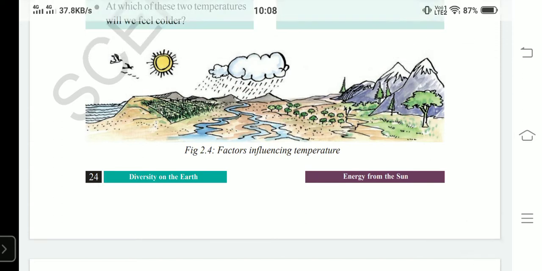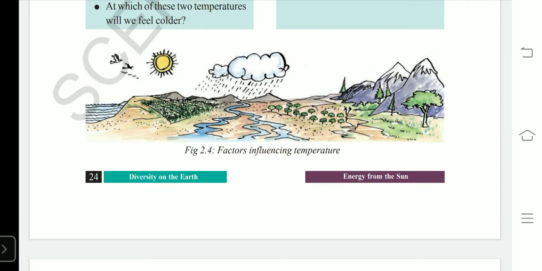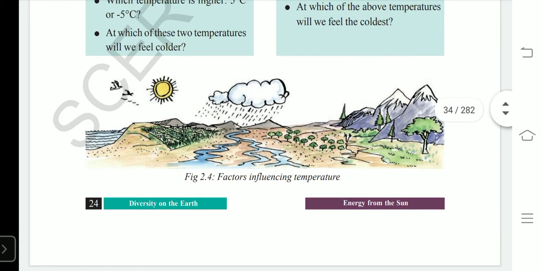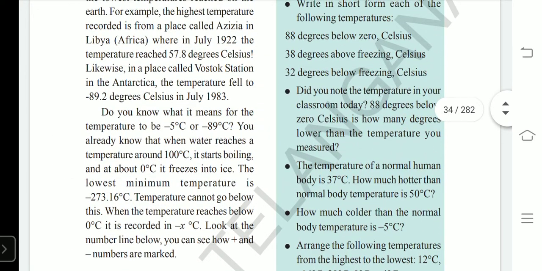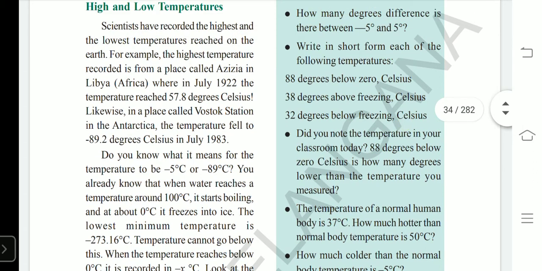Dear students, is it clear to all how temperature is measured, right? What is the instrument we use for measuring the temperature, right? Third point, we have seen that temperature is not the same throughout the world.